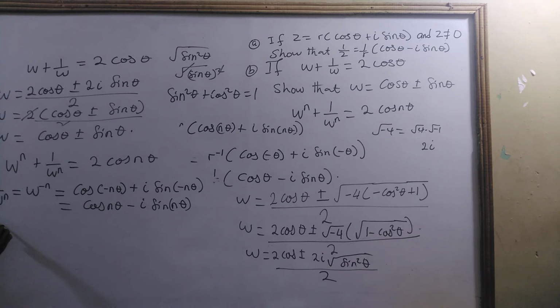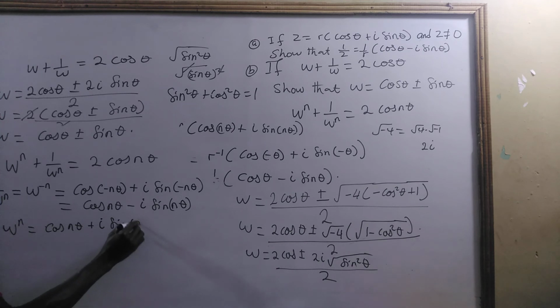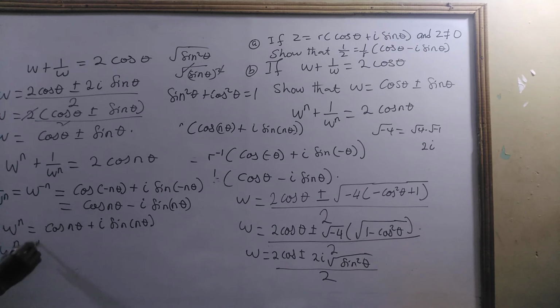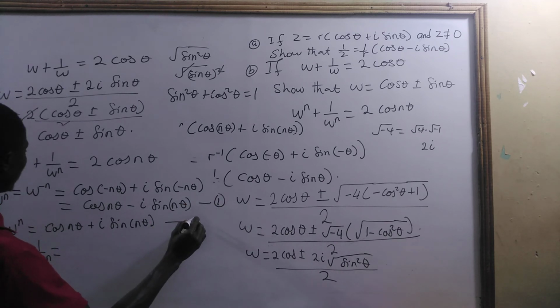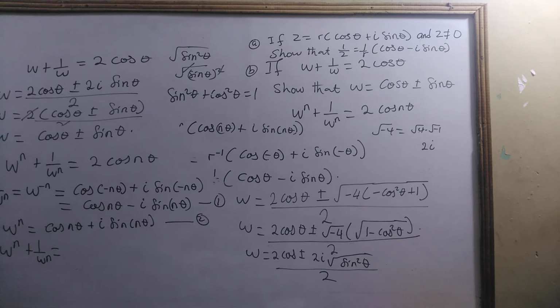And then w to the power n is equal to cosine of n theta plus i sine of n theta. Now if we take w to the power n plus 1 on w to the power n, we are going to add equation 1 to equation 2. So if we add, this plus that will give us 2 cosine of n theta, and this plus that will give us 0. Hence proved.